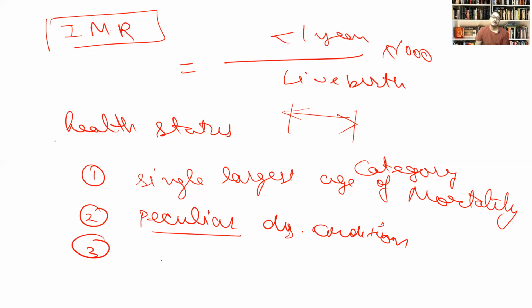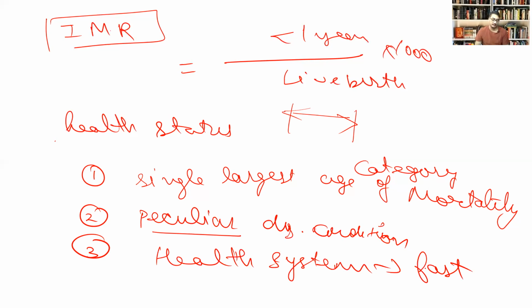And then third aspect is that if we improve the health system, the improvement gets reflected very fast in the IMR indicator. Because it is quickly and directly affected by specific health programs, we can know whether health programs are being implemented properly or not in a particular community. So having said that, let's move on further.